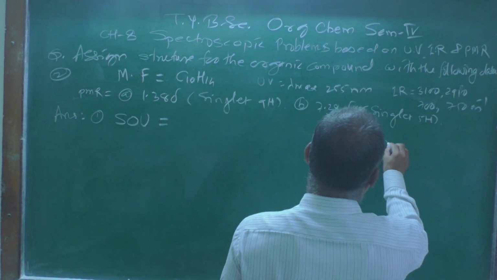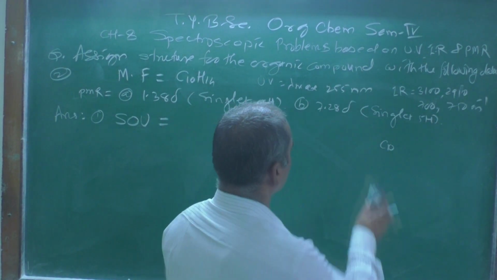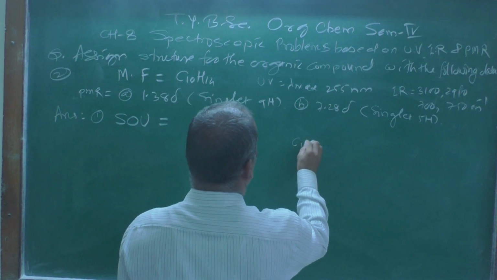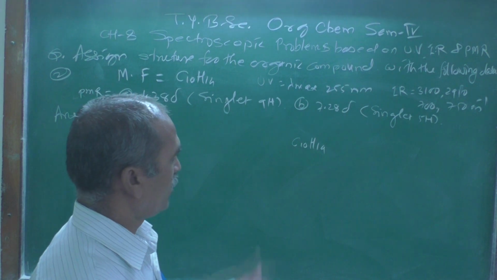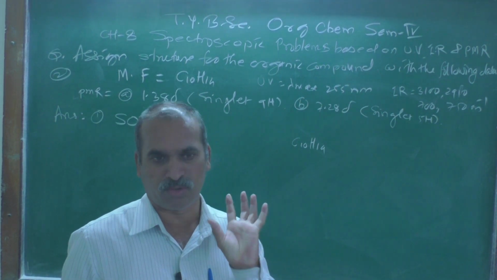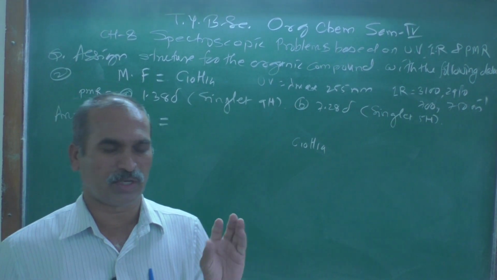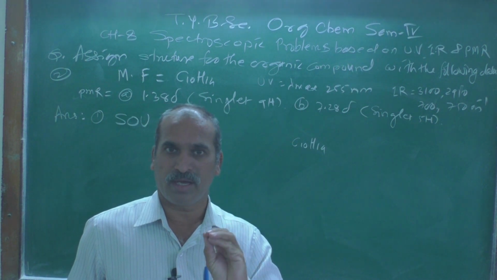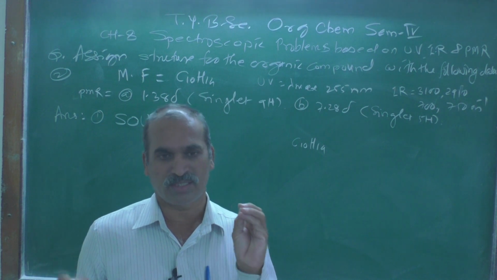Here you remember, C10H14 is the molecular formula given, and from this molecular formula we come to know that it is a hydrocarbon. Why hydrocarbon? Because organic compounds made of carbon and hydrogen only are known as hydrocarbons.